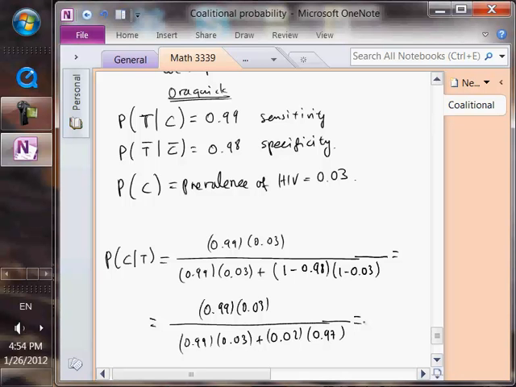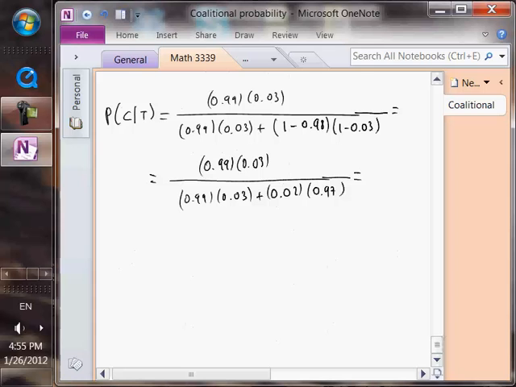Look at these numbers here. This appears in the numerator and the denominator as well, okay? I'm going to lift it a little bit so you can all see it. 0.97 times 0.02, the other 0.99 times 0.03, they're approximately the same.